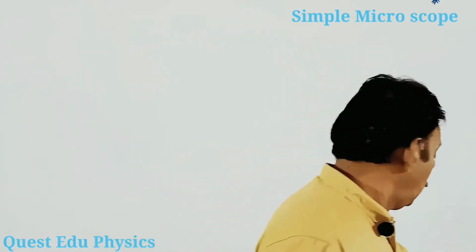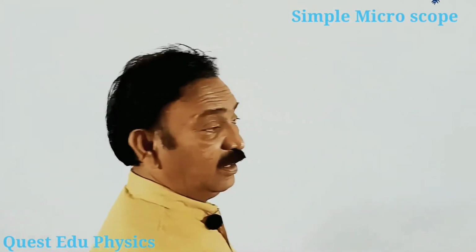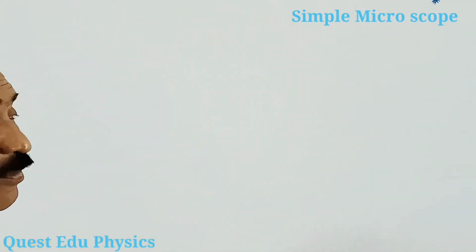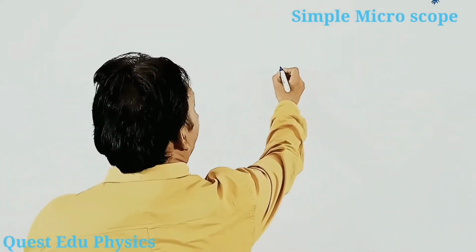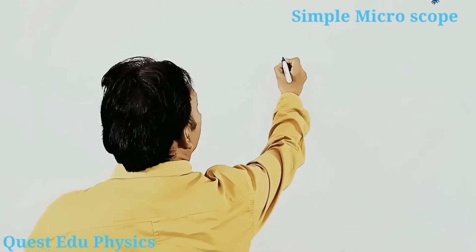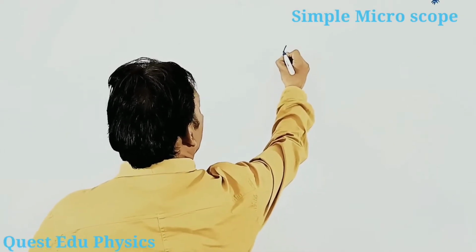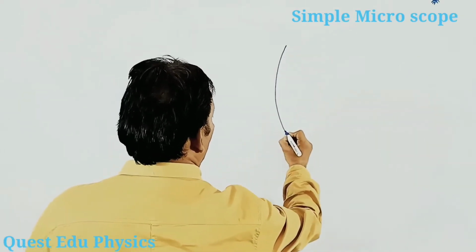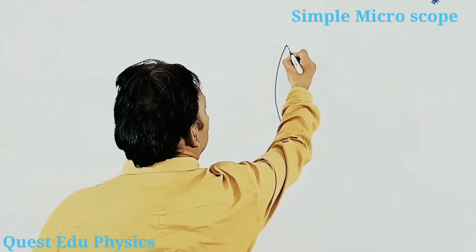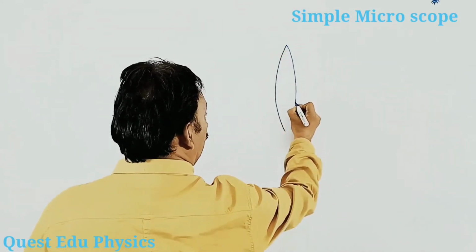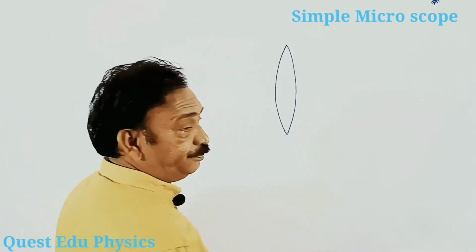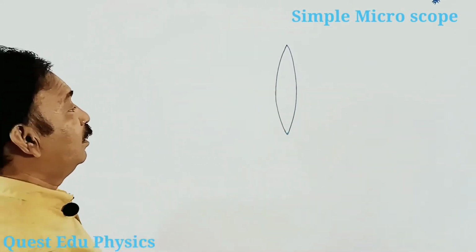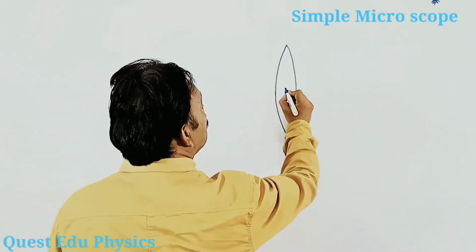Let's go with the construction and working. Actually, we have to take a biconvex lens of shorter focal length, students. Here I am locating its optic center.